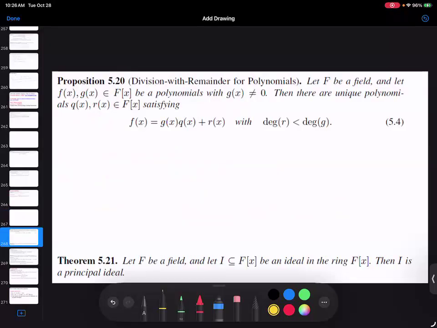So, if f of x equals an x to the n plus dot dot dot plus a0, and g of x equals, say, bm x to the m plus dot dot dot plus b0, without loss of generality, let's assume m is less than or equal to n.